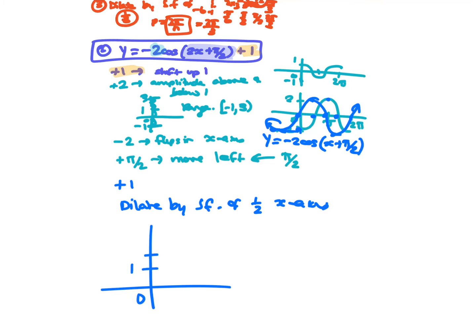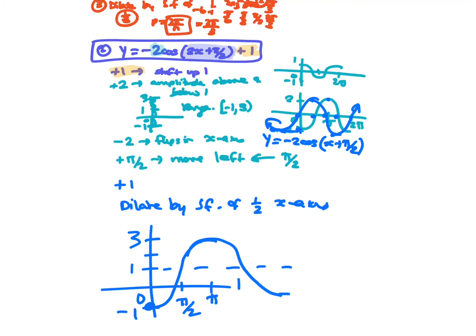Just has to go up 1, and it goes 2 up, so it's 3, and 2 down, so that's -1. And it is a negative cos, so it's looking like this. And that one's pi on 2, pi, 3 pi on 2, and 2 pi.